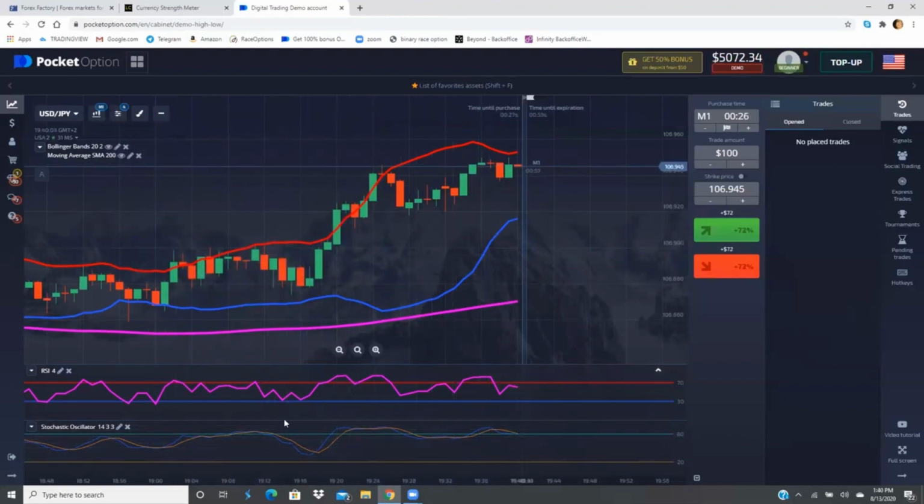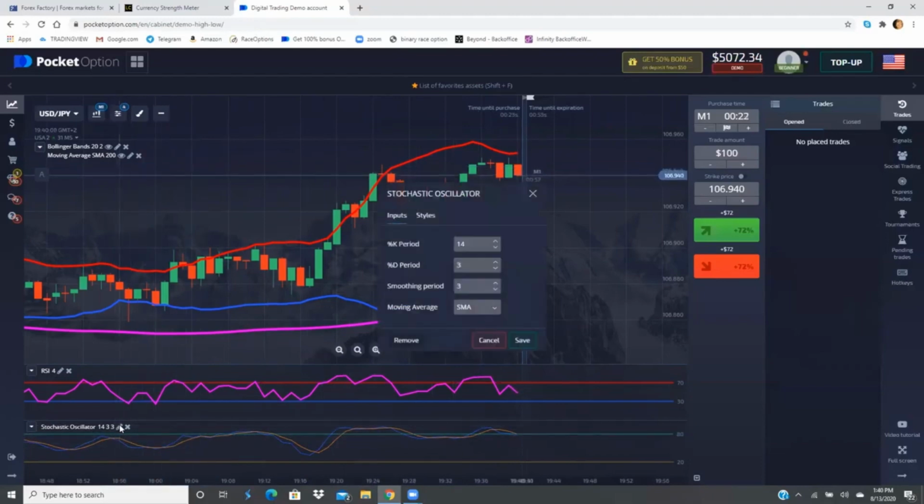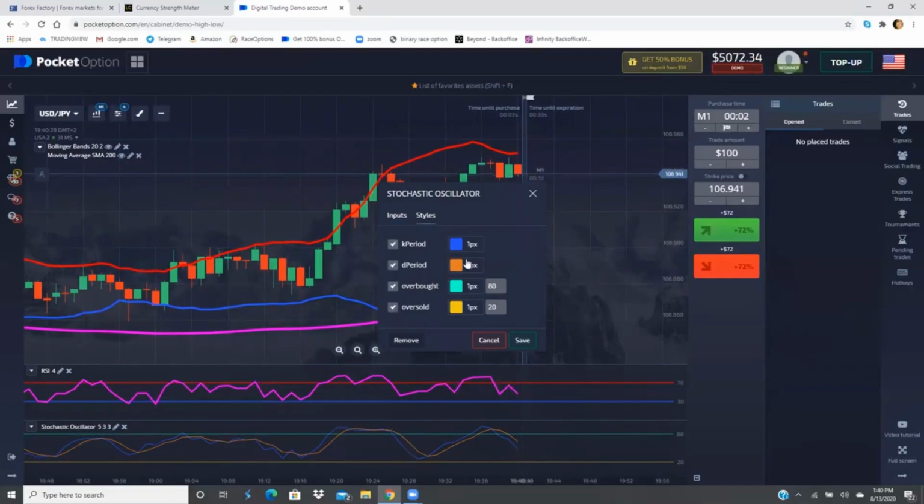Now I'm going to change the settings. We go to this pencil again to change the settings. We're going to put the first one, the K period, down to 5, and then you keep 3 and 3. Perfect. For the style, you want the two colors to be different, because the K period and the D period represent the lines.